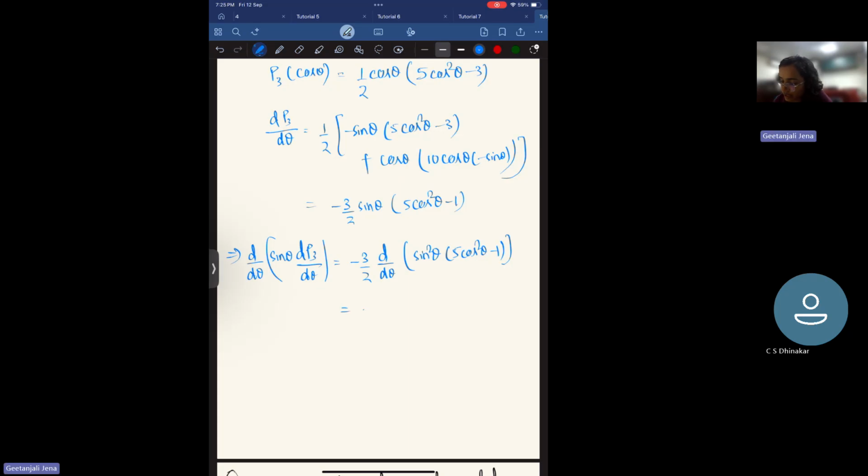After doing the derivative, you will get minus 3 sin theta cos theta (5 cos square theta minus 1) minus 5 sin square theta.